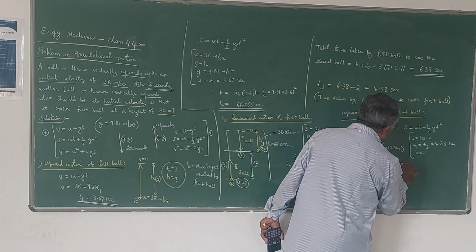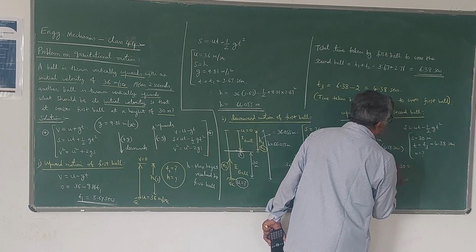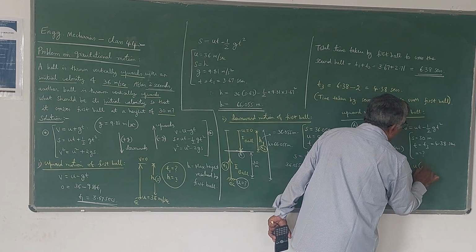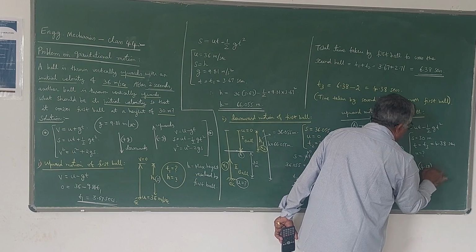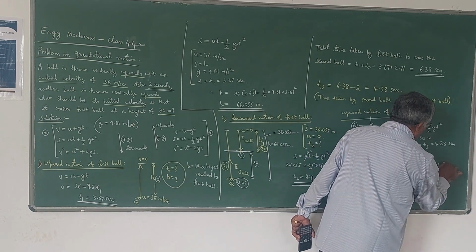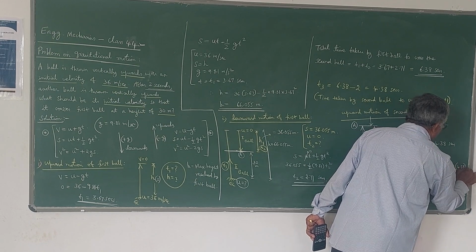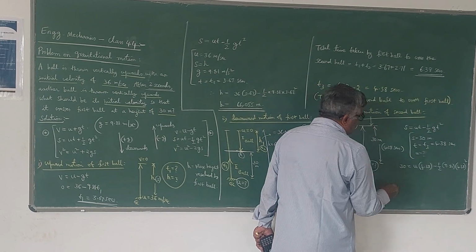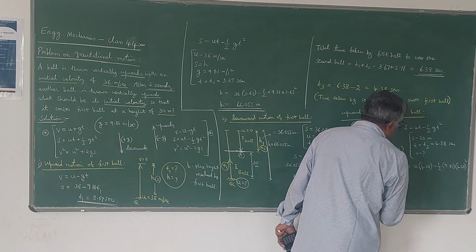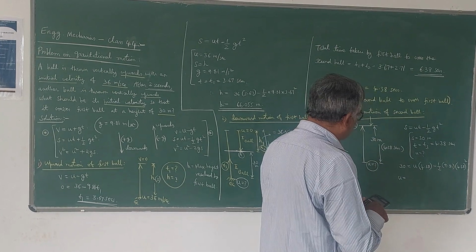Substituting, 30 equals u into 4.38 minus half into 9.81 into 4.38 square. If you simplify this, you will get the value of u.